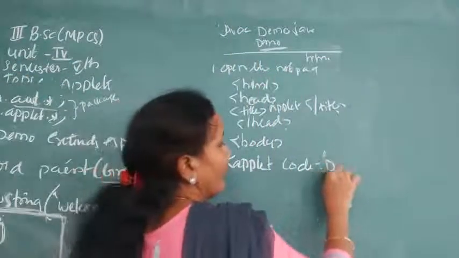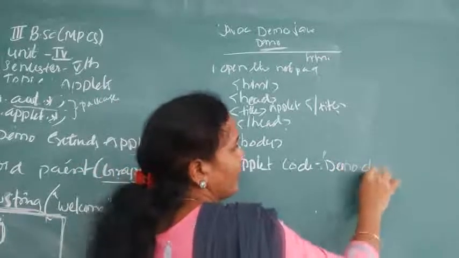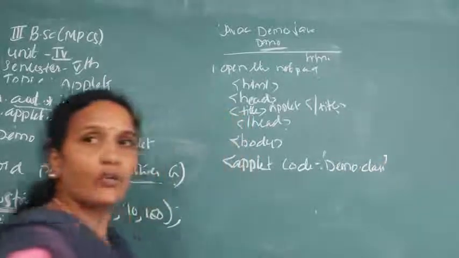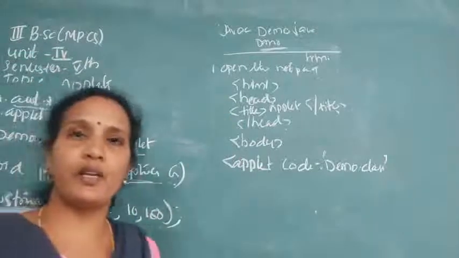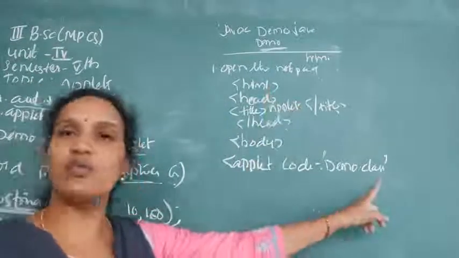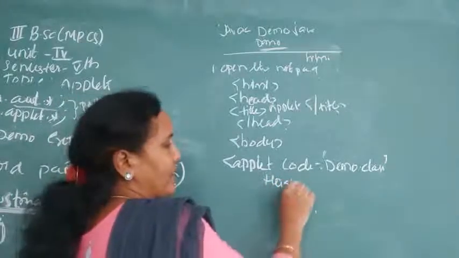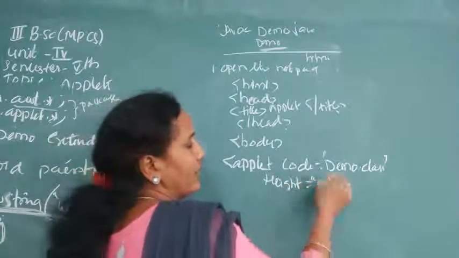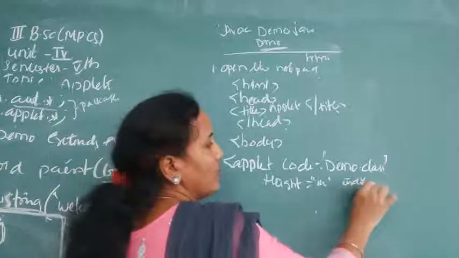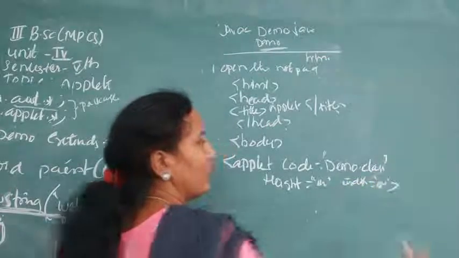Demo, demo.class. Which Java program are we including on the browser window? Demo.class. And if you want, you can give height equals to 100, width equals to 100. These are the sizes of the applet.